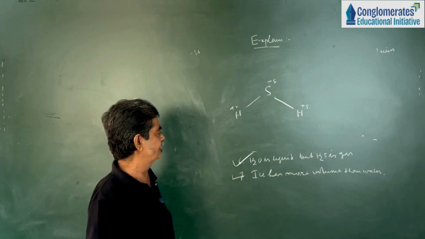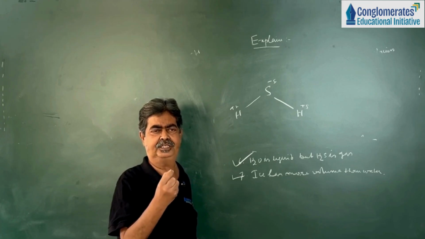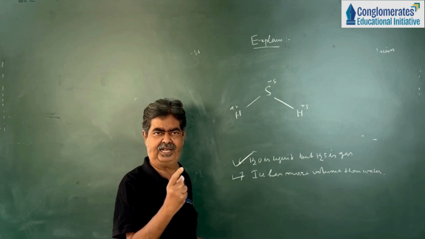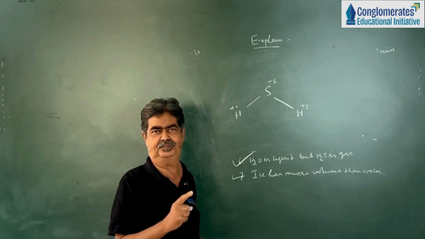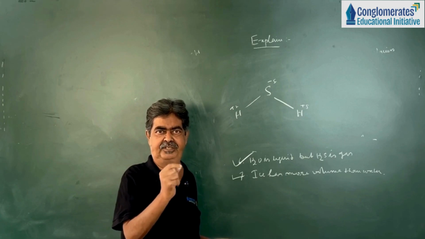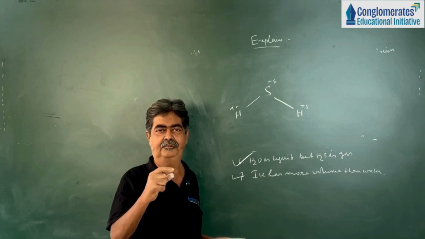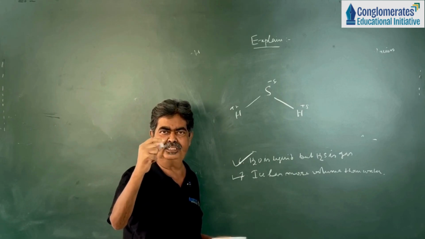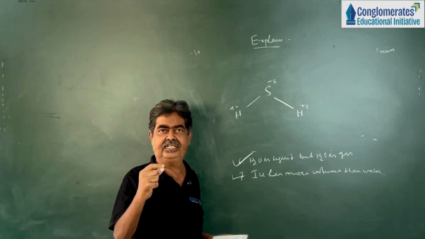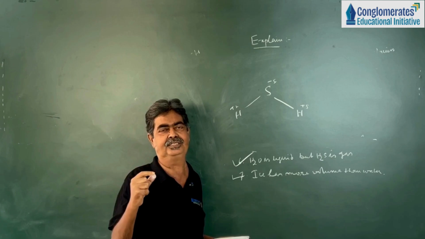Now, the unit form of ice, or single unit of ice, consists of 5 water molecules, in which one water molecule will be at the center of a regular tetrahedron, and the other 4 molecules are present at the 4 corners of the regular tetrahedron with the formation of intermolecular hydrogen bonding.